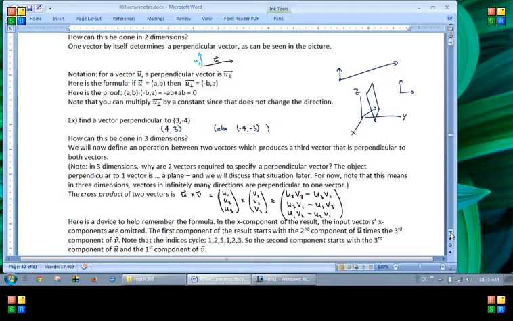In the x component of the cross product, the input vectors' x components are omitted. So the first component in the result starts with the second component of u times the third component of v. So over here, component 1 is u2 times v3 minus u3 times v2.